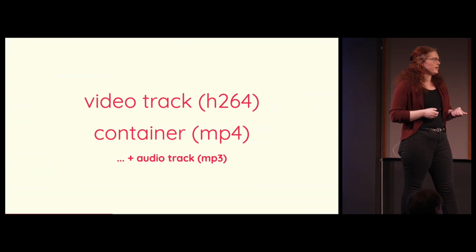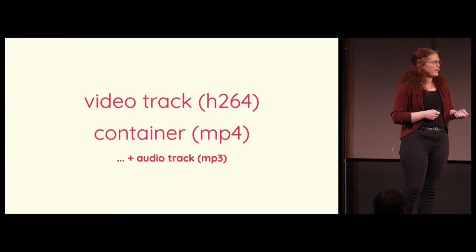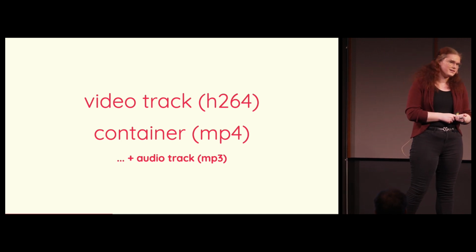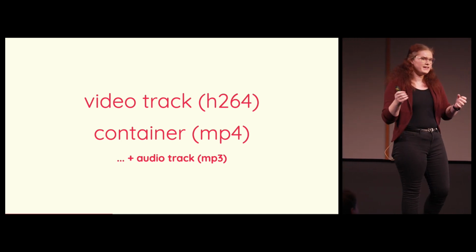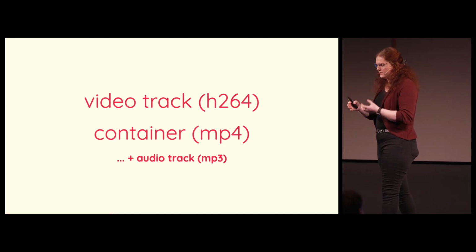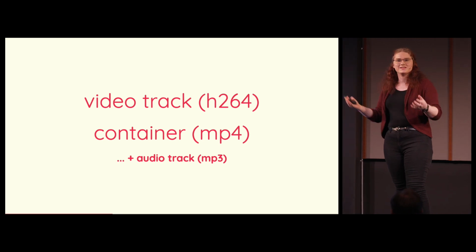That same file that we looked at earlier could have a video track, which is stored in one format called H.264, but the container it's put in, the .mp4, is what envelops it and stores it.